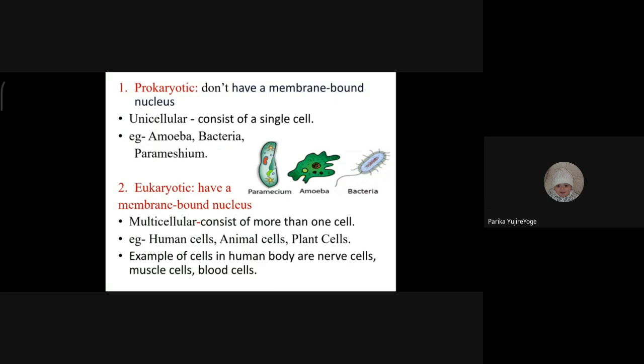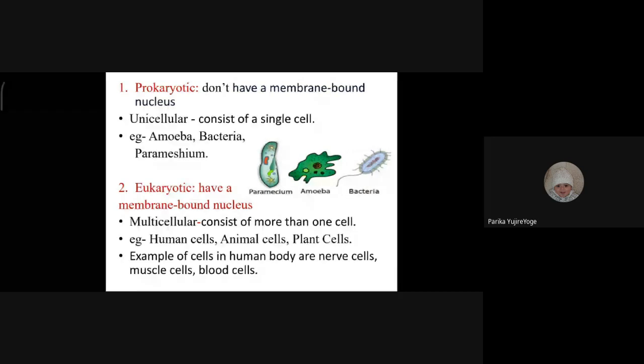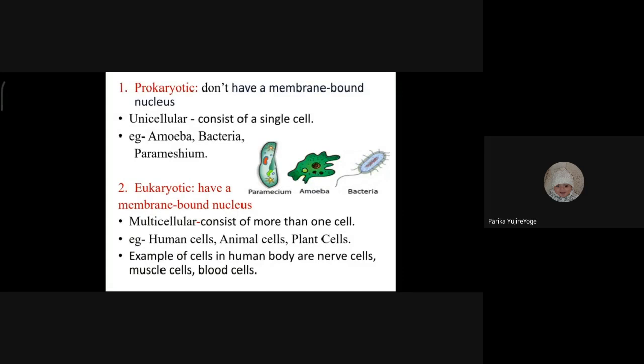So we're discussing here about prokaryotic and eukaryotic. Prokaryotic cells do not have membrane bounded nucleus or organelles. On the other hand, eukaryotic cells have a membrane bounded nucleus and other organelles.